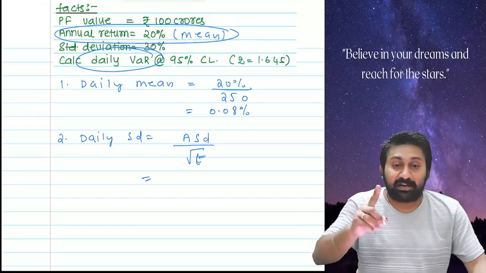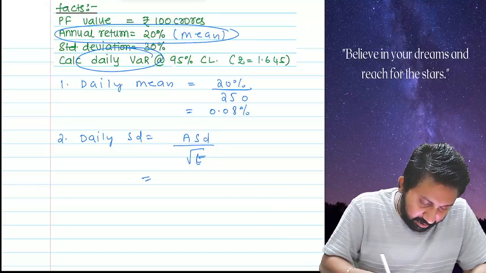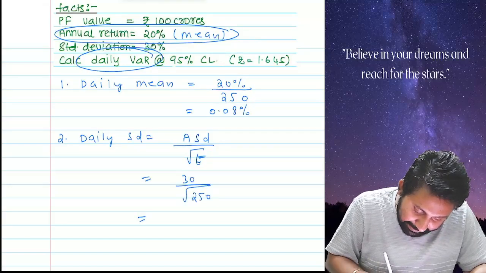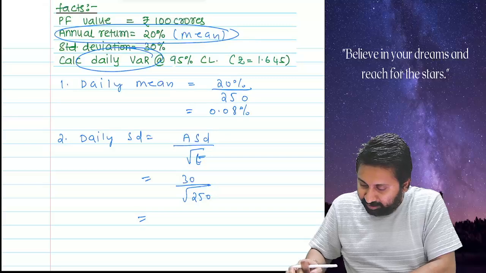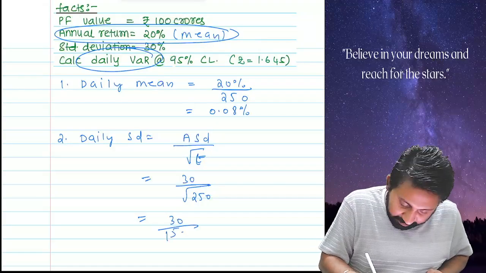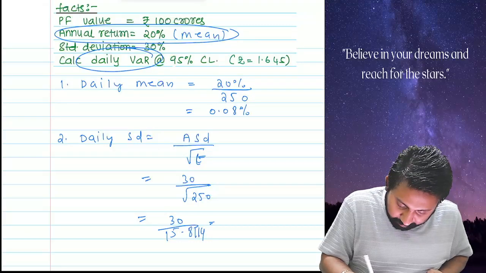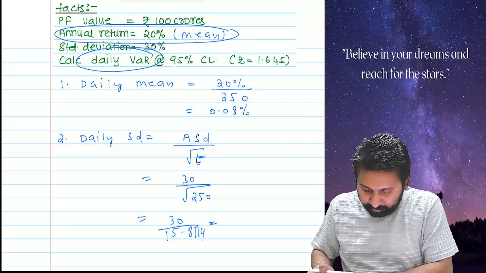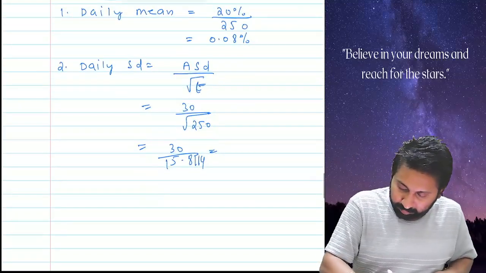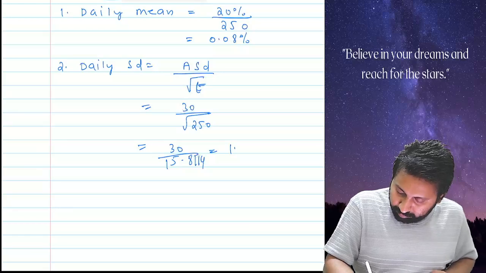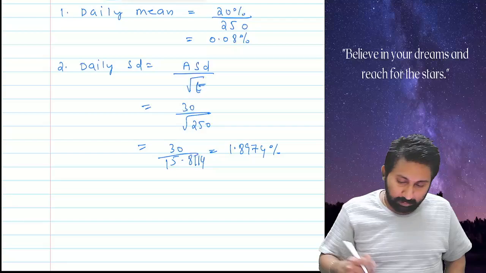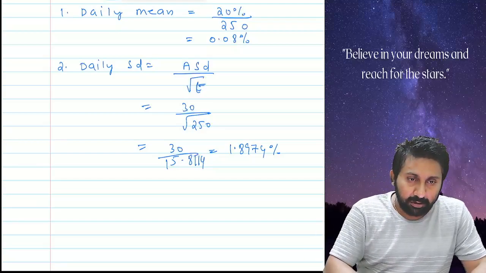Whenever risk is calculated, because of the diversification impact, the root will be taken. 30 divided by root of 250. 30 divided by 15.8114.